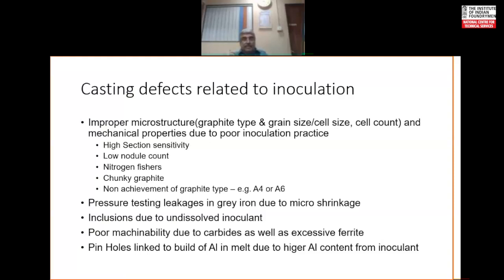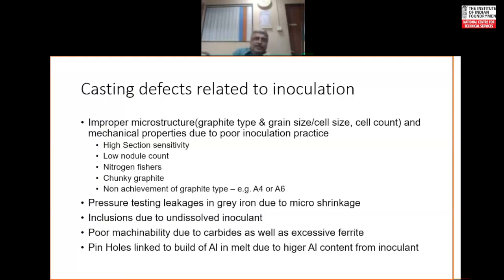Many times in automated foundries, if the inoculation device is not working well, from mold to mold there could be variation in the dosing. So doing proper calibration of the inoculating equipment is very crucial to avoid these improper microstructures or getting inclusions.